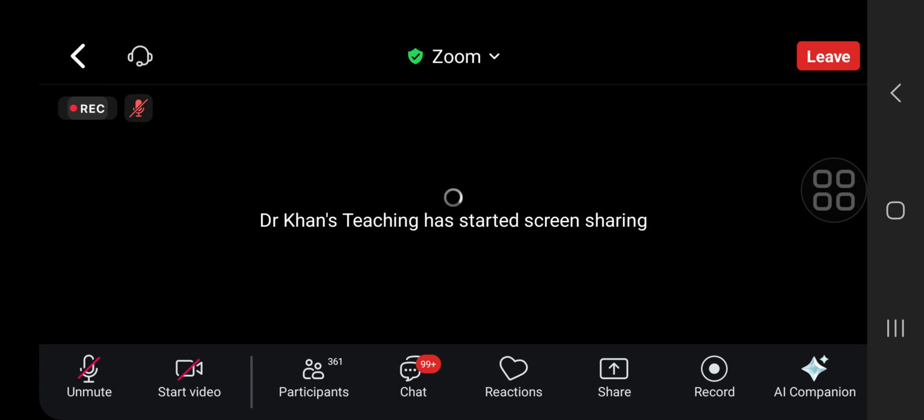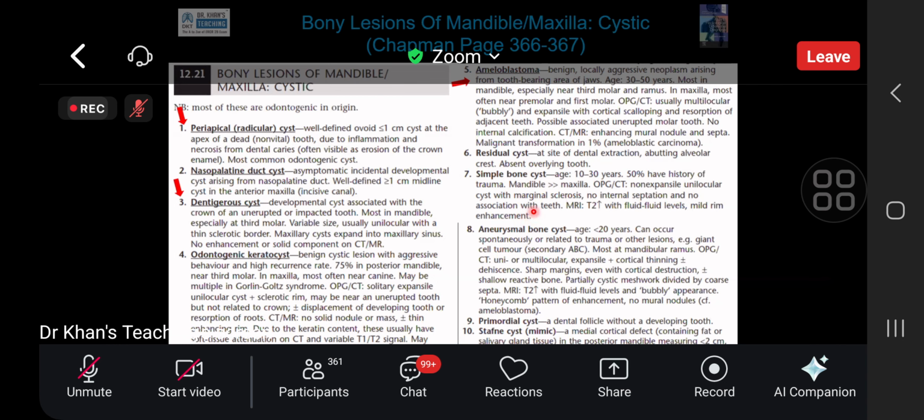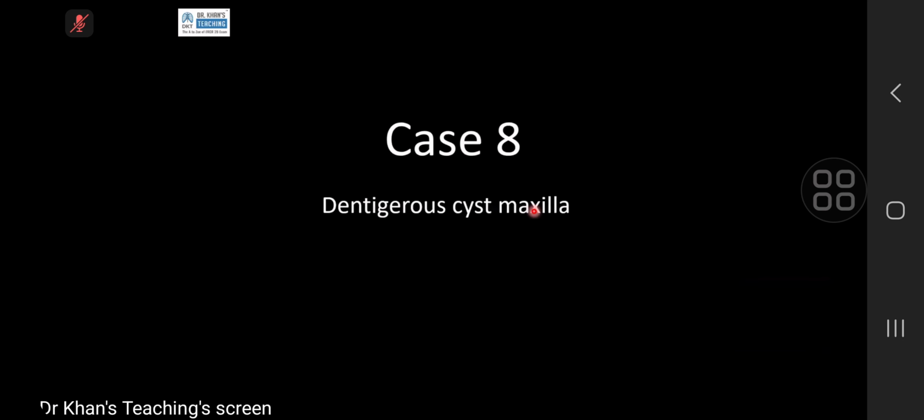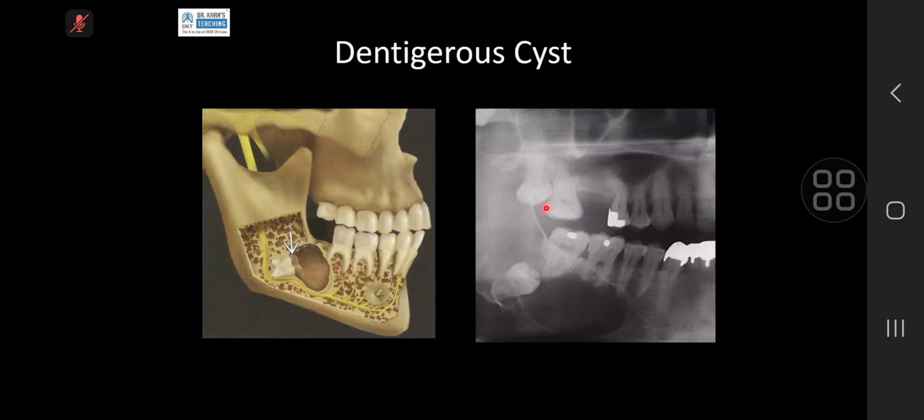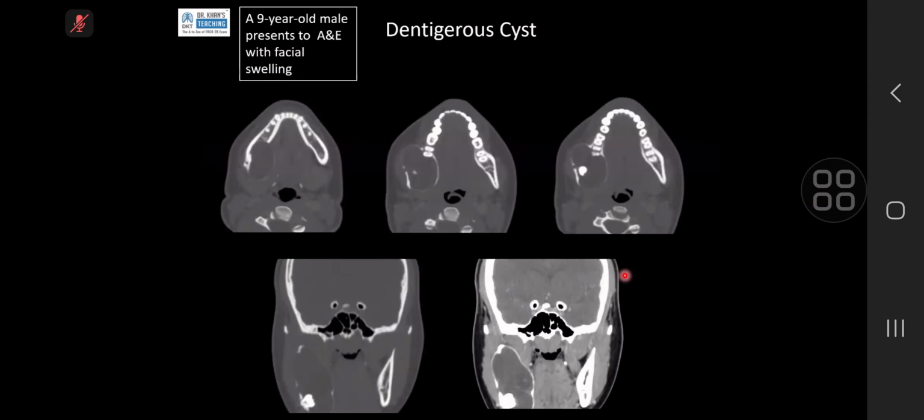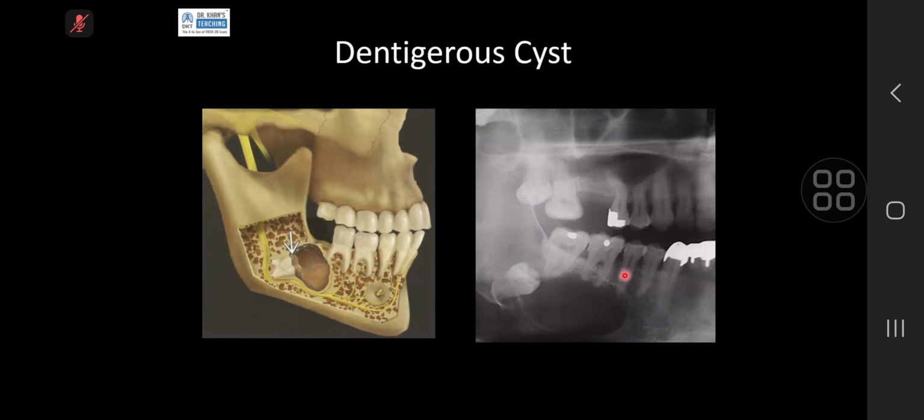Sorry, I have unshared. So quickly, let's go through it. Now, these are the 4 cysts. This is a dentigerous cyst, which arises from the unerupted tooth. And our patient was, how old was our patient? 78-year-old, planning for a brace actually.